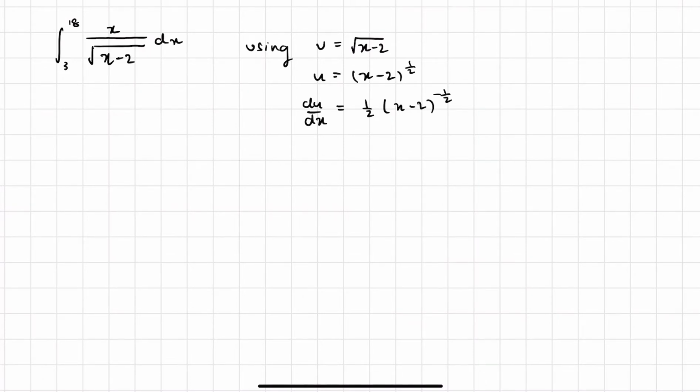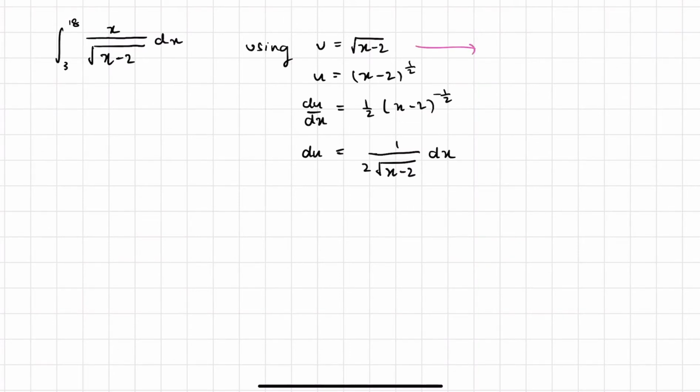And let's multiply our dx to the other side. I'm going to change this form a little bit and say 1 over 2 square root x minus 2 dx. Okay, hopefully that made sense.